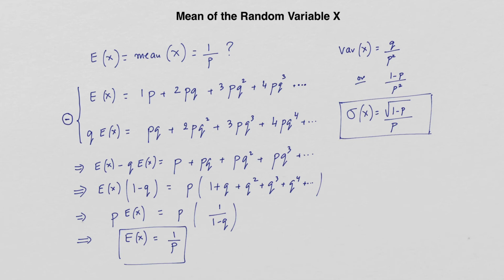So how do I find the mean? The mean has many ways to say it. You could say the mean of x, or you could say the expected value of x. You remember? We claim that the mean is 1 over p. Now remember, the binomial distribution, the mean of x was np. For the geometric distribution, it's 1 over p.